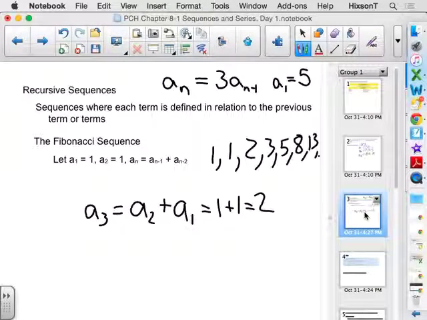That's why if we can define our sequence in a way that's not recursive, that's preferable. We would like that better. There actually is a definition for the Fibonacci sequence that is not recursive. Someone figured it out, and interestingly enough, it uses the golden ratio. Have any of you ever heard of that? The golden ratio? Okay.